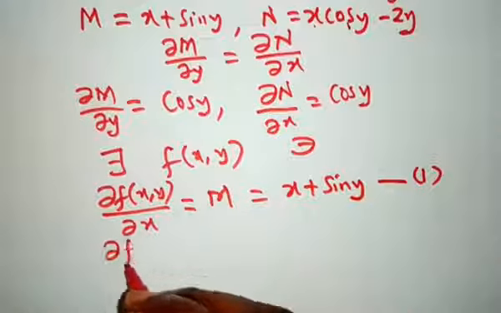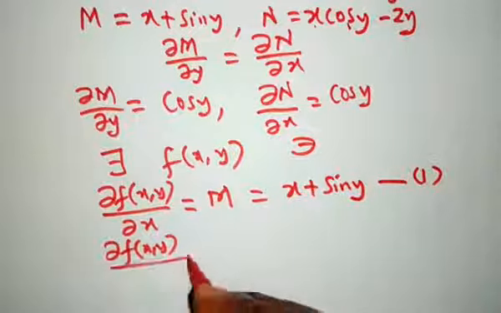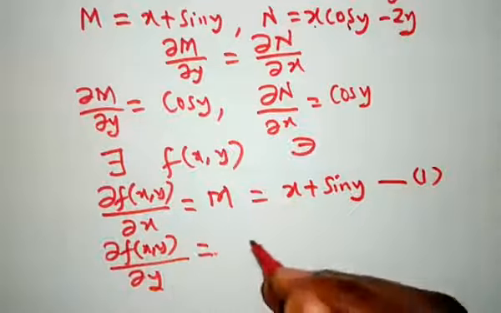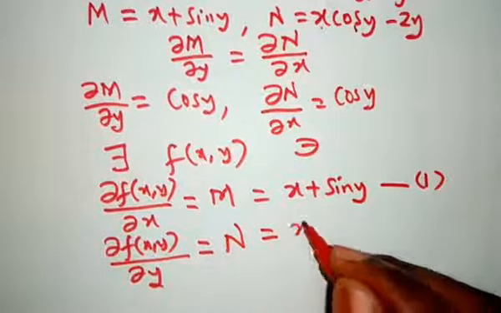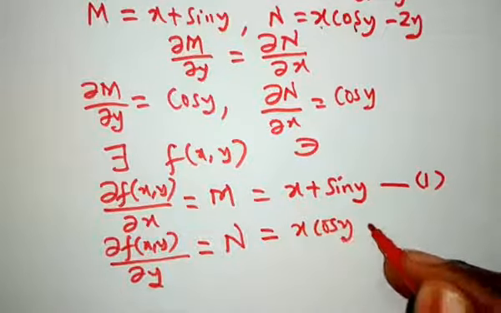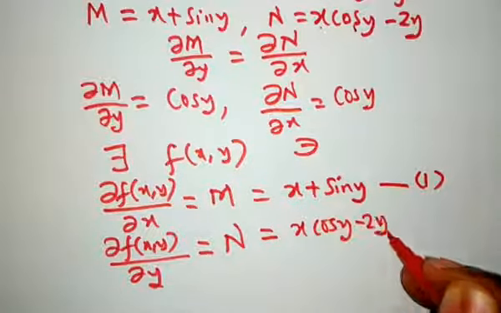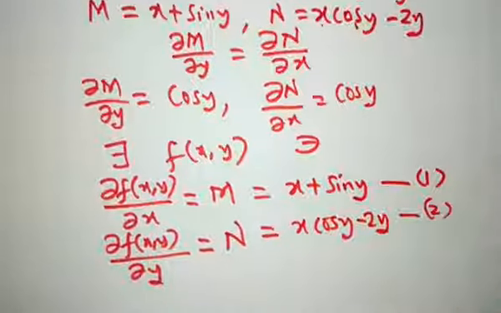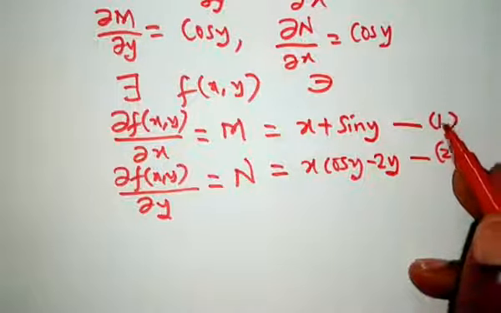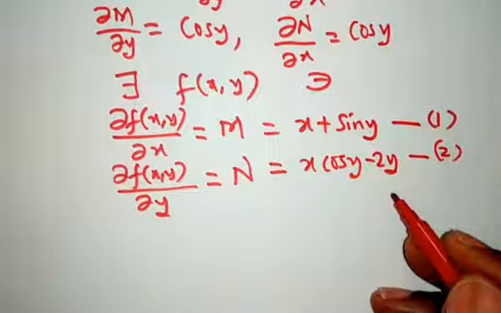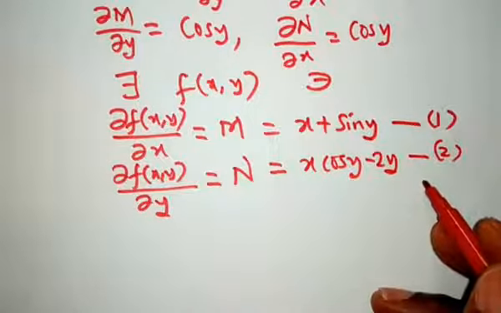And partial f of x comma y with respect to y equals N, and that is equal to x cos y minus 2y. Let's call that equation 2. So what do we do now? We now integrate equation 1 with respect to x and also integrate equation 2 with respect to y.